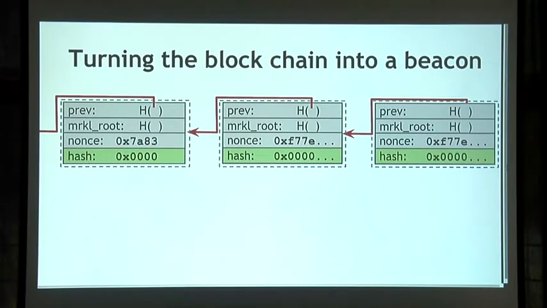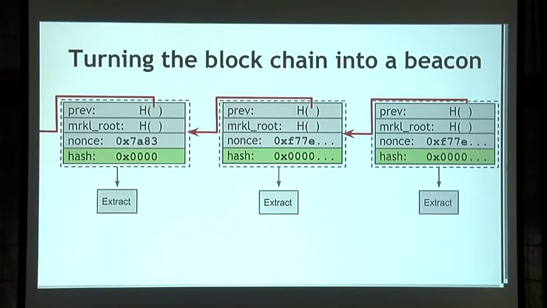We simply take every block in the chain, take the entire value of the block header, and run it through an extractor function. An extractor function, without going into all the details here, is sort of like a hash function and is designed to squeeze all of the random data out into one uniformly random string. That will give us a nice randomness beacon, and every time a block is published in Bitcoin, we have new output from the beacon.